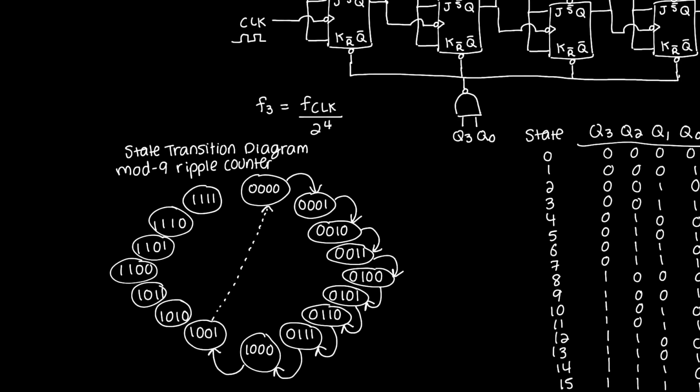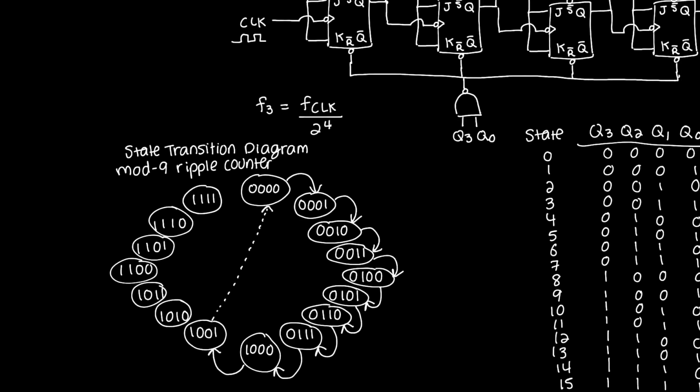Because remember that my solid lines with the arrows represent synchronous transitions at the clock edge. Okay, but this is not a synchronous transition. This is an asynchronous transition caused by my NAND gate briefly becoming low, resetting all the flip-flops, and making the Q outputs equal to 0, which has the effect of clearing the counter.